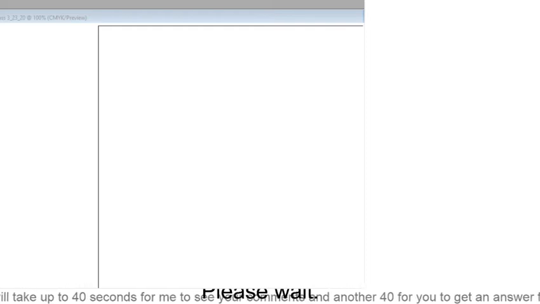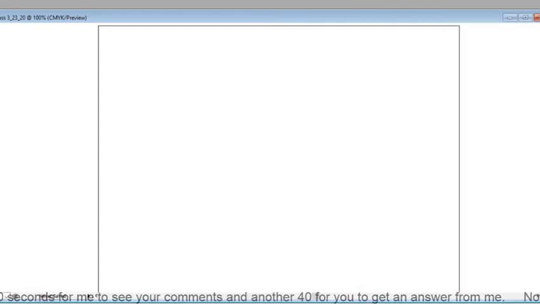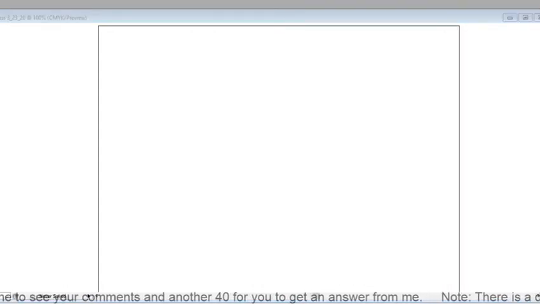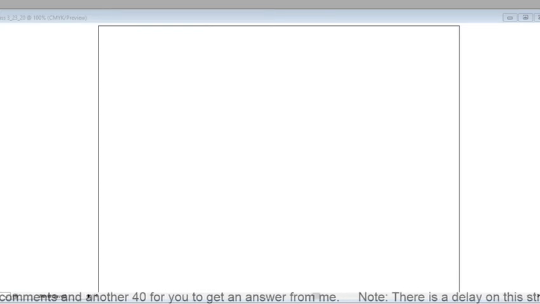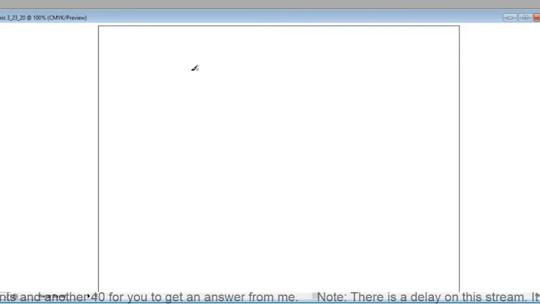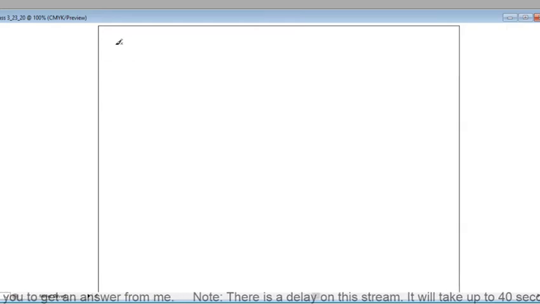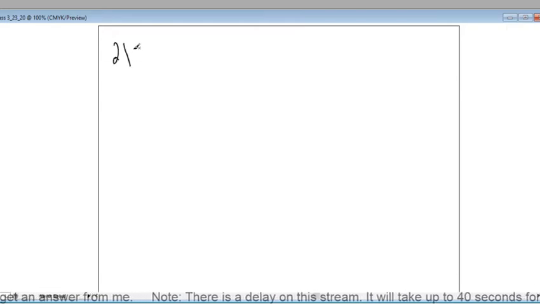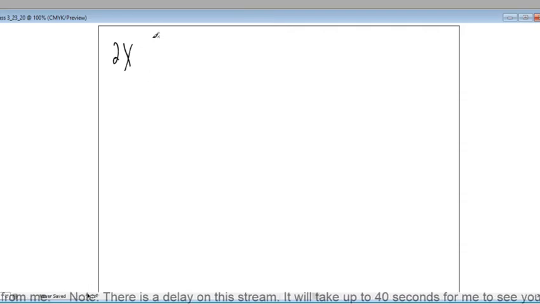Like I have mentioned in the past, we have several different ideas in algebra. Of course, two big ideas are the difference between expressions and equations. We've said in the past that expressions are things like 2x, and I am using a tablet, so bear with me.